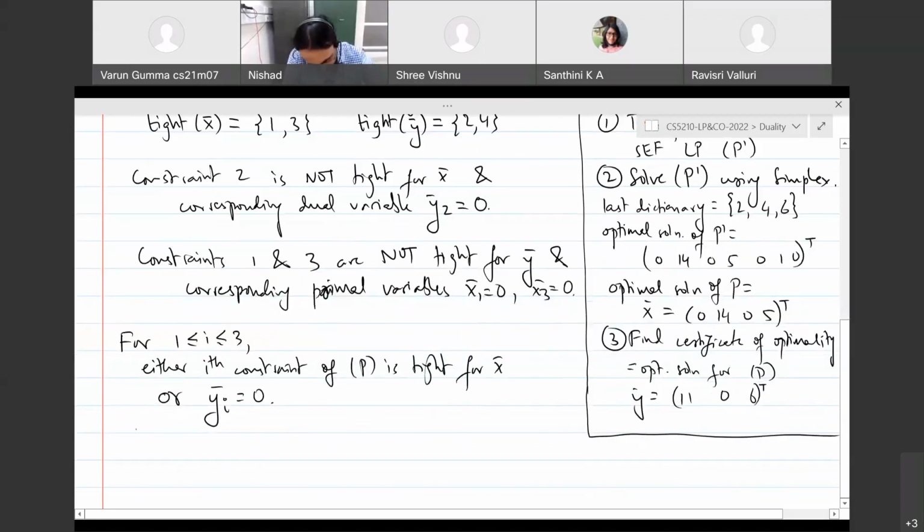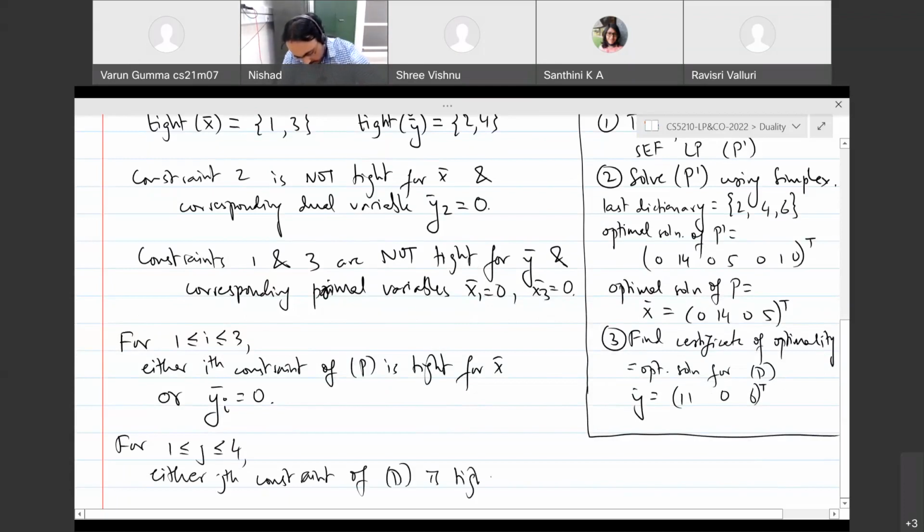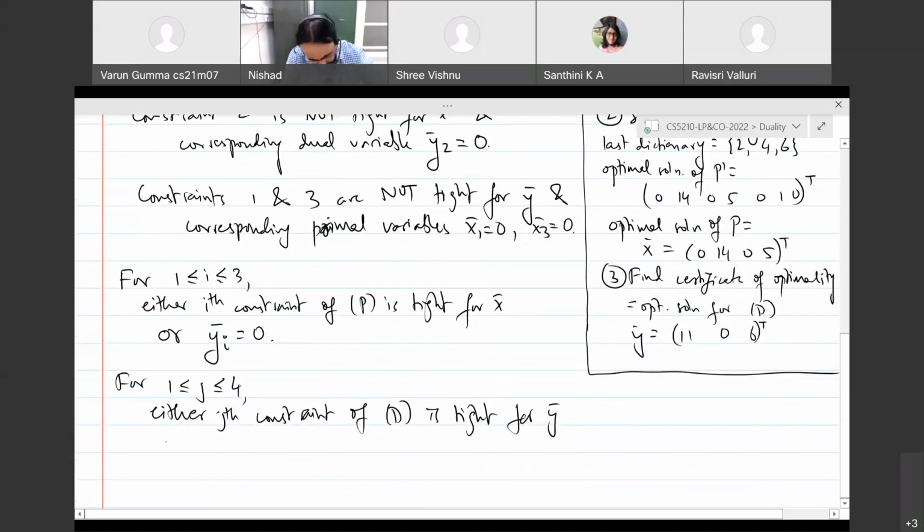And likewise, for all of the 4 constraints of the dual, either the jth constraint of the dual is tight for y bar, or the corresponding primal variable x j bar is equal to 0.